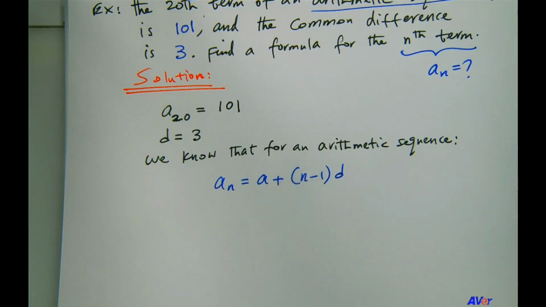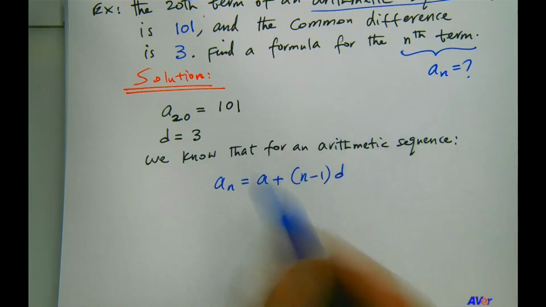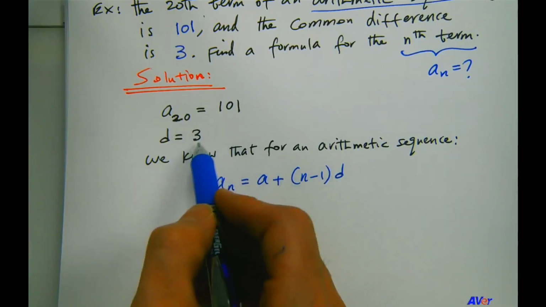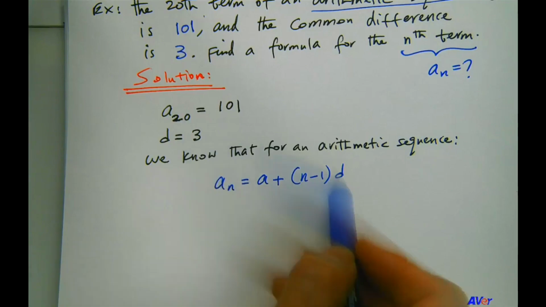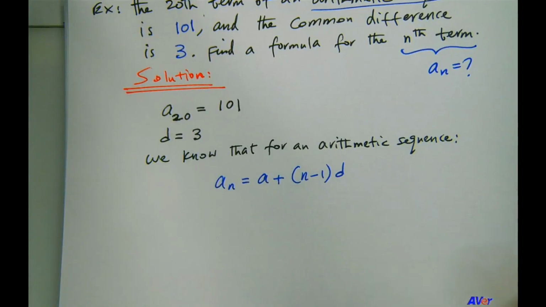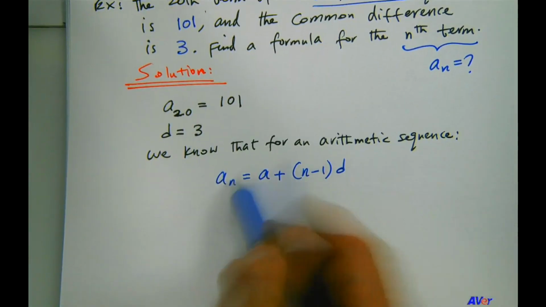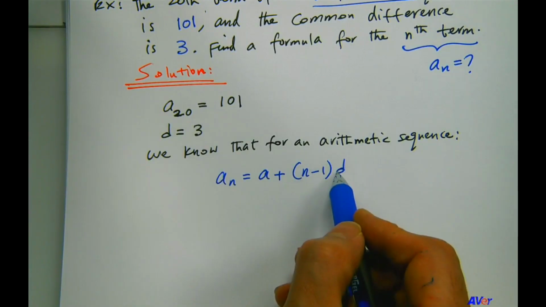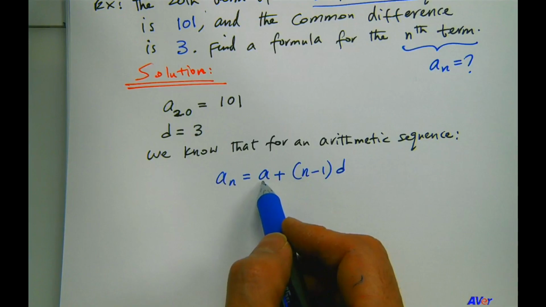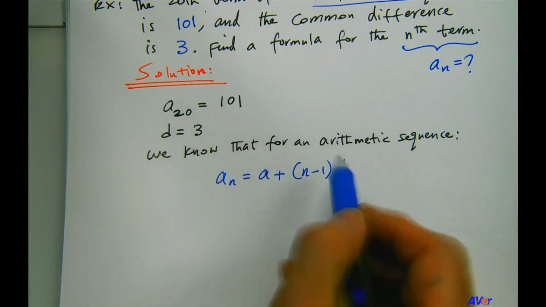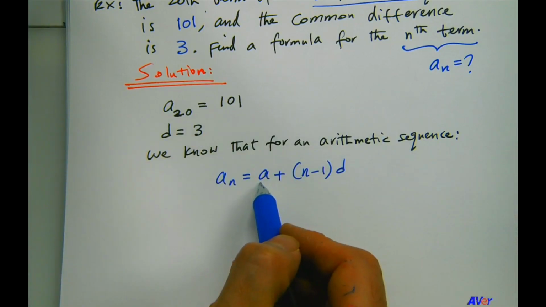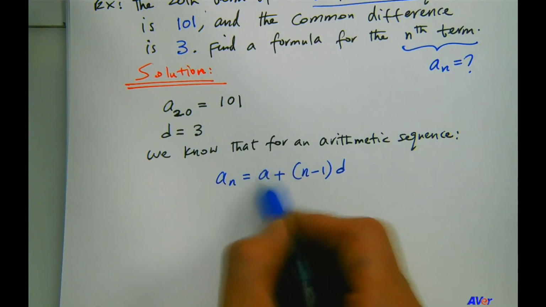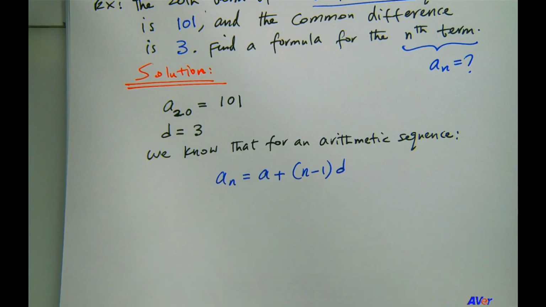So can we answer this question right away? No. I mean, we have the D equals 3, right? We have that. N can be free in the A n formula. N can be left like that. But we need D, and we need the first digit in the sequence. We have D, but we don't have the first digit in the sequence. So how do we figure out what is the first digit in the sequence?